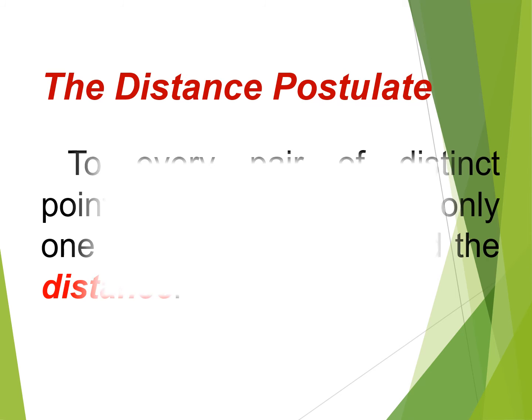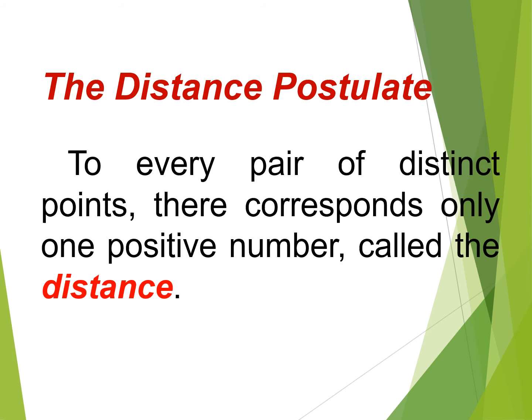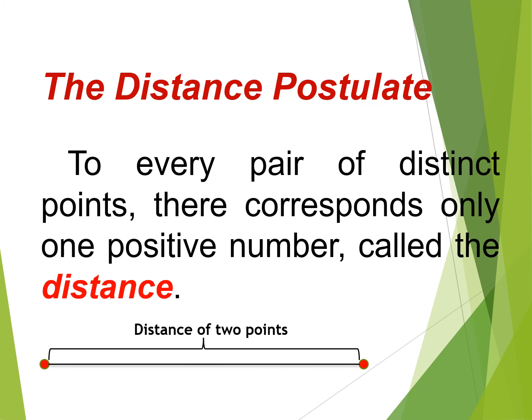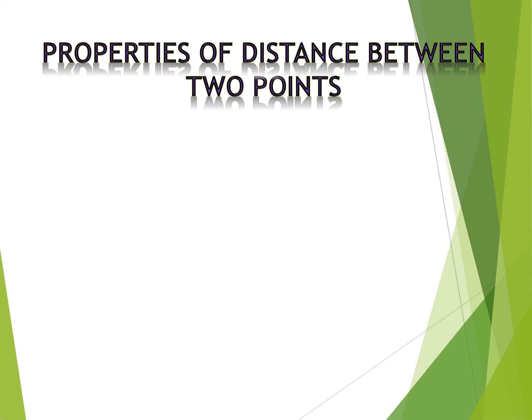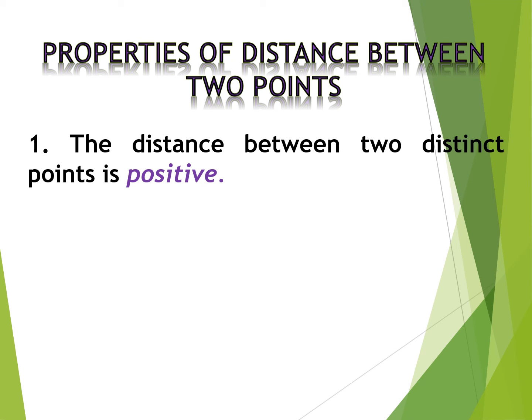The distance postulate: to every pair of distinct points, there corresponds only one positive number called the distance. So we are going to get the distance from point A to point B and so on. Properties of distance between two points: the distance between two distinct points is positive.